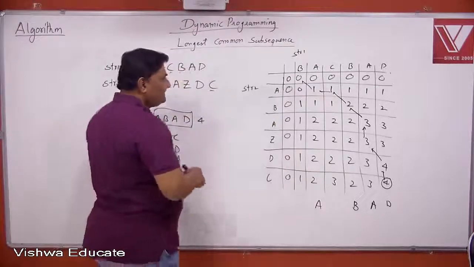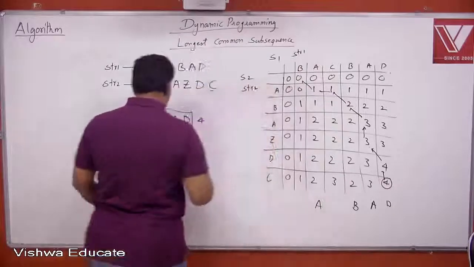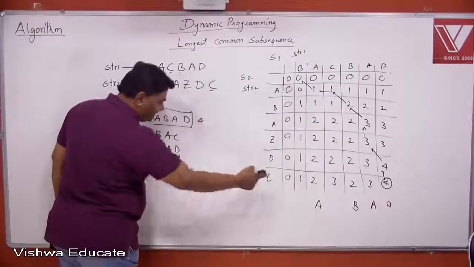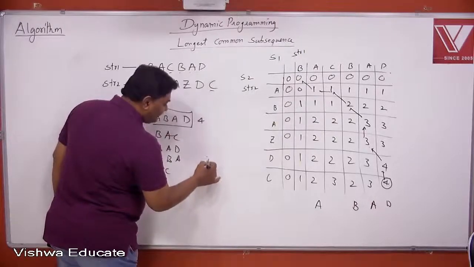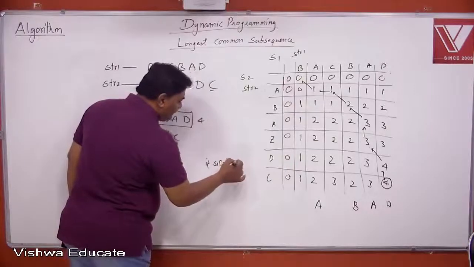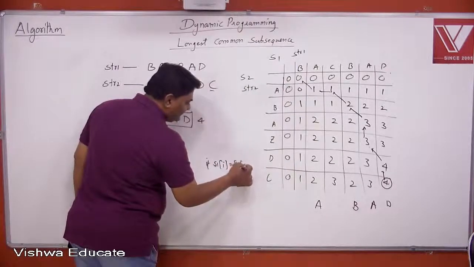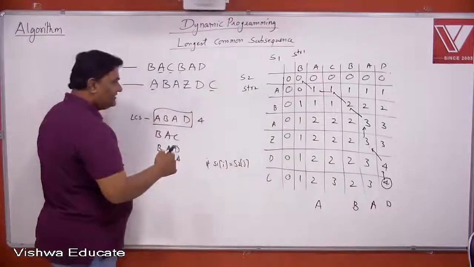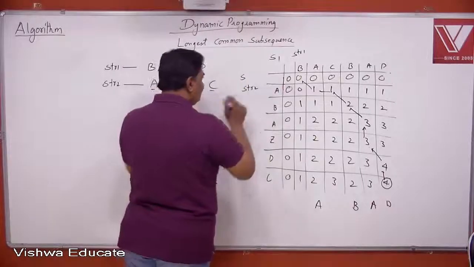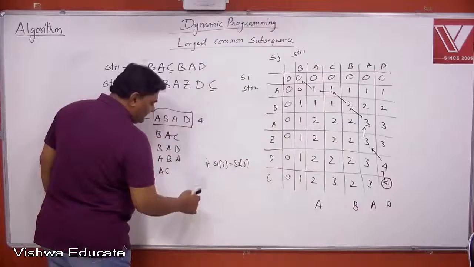So if I say this string as S1 and this string as S2, then what is the formula we are following? If S1 of i is equal to S2 of j, that is row and column, this has S1 row and this has column j, Si and Sj are equal.